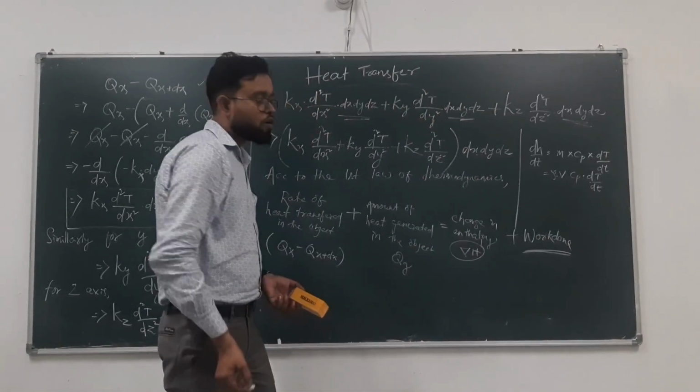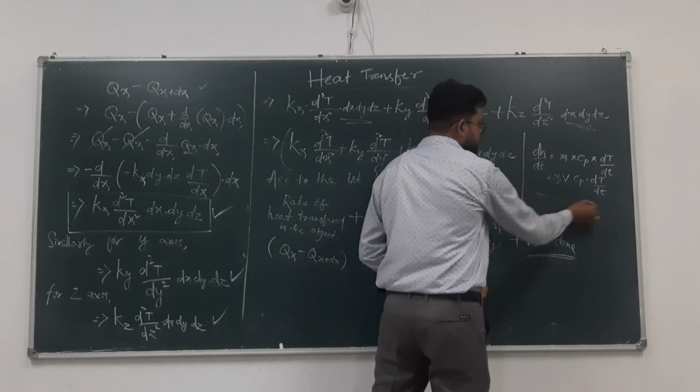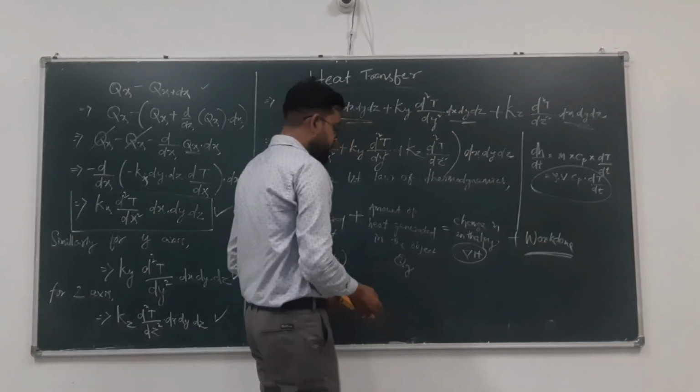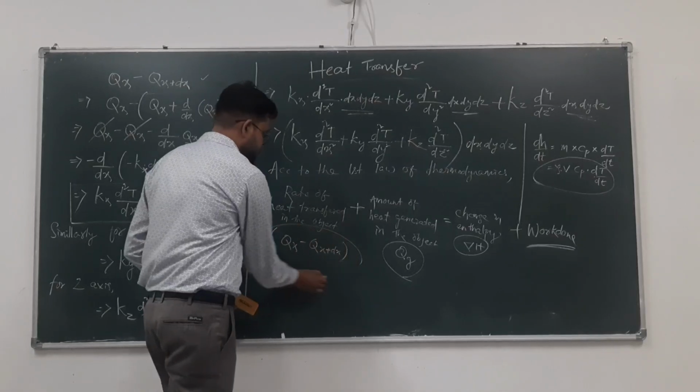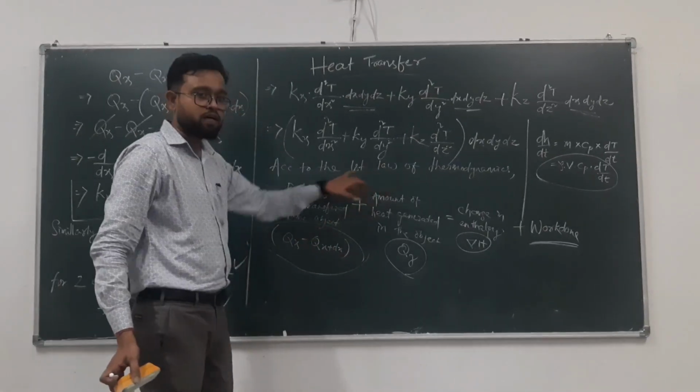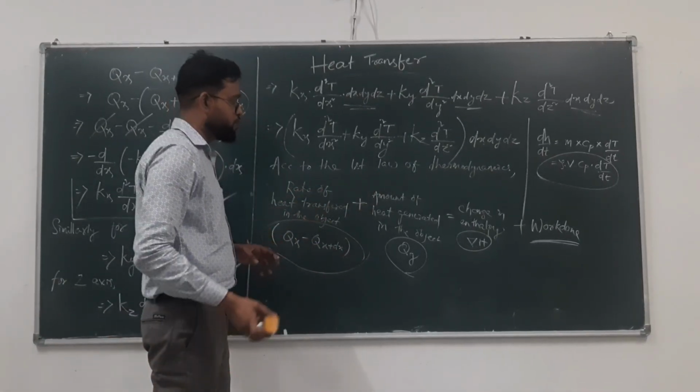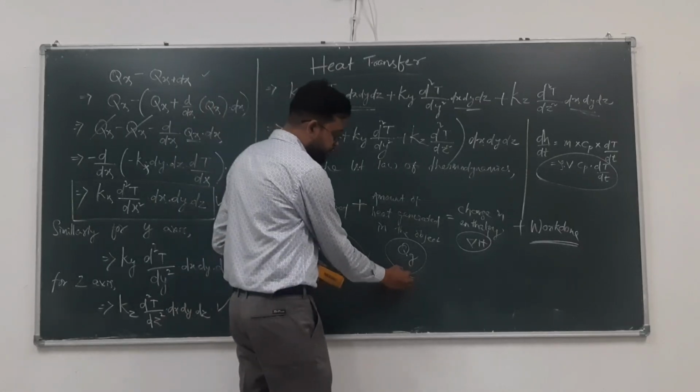So we will put all the values of change in enthalpy, Qg and this in this equation and find out the final formula. What is Qg?